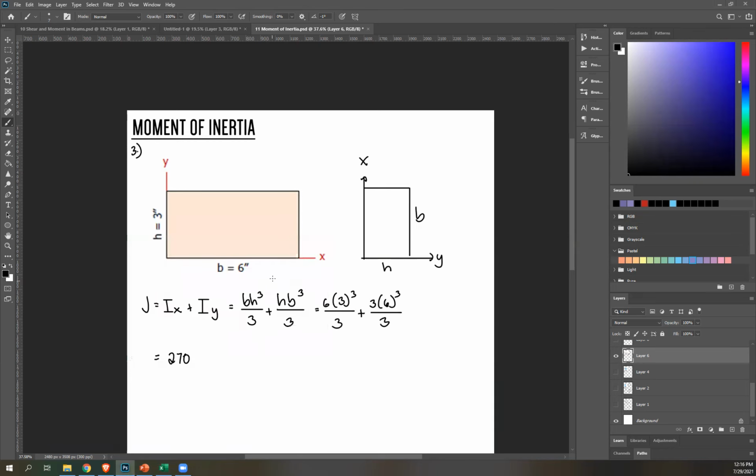Why? Because base is in inches, height is in inches. So inch times inch cubed, that's inch raised to 4. Okay, so that's the first part.